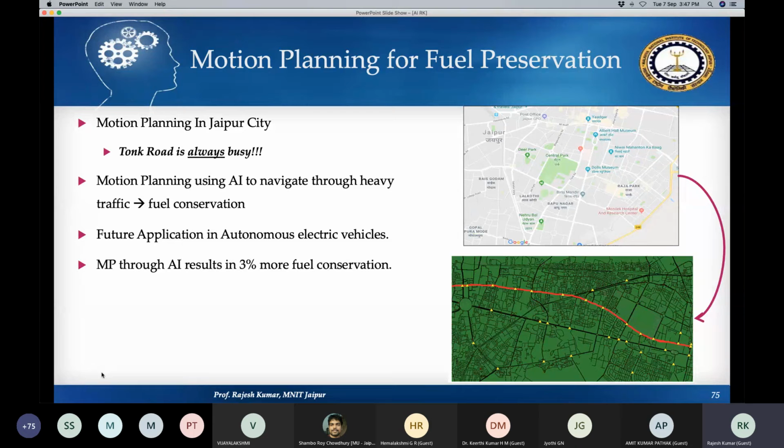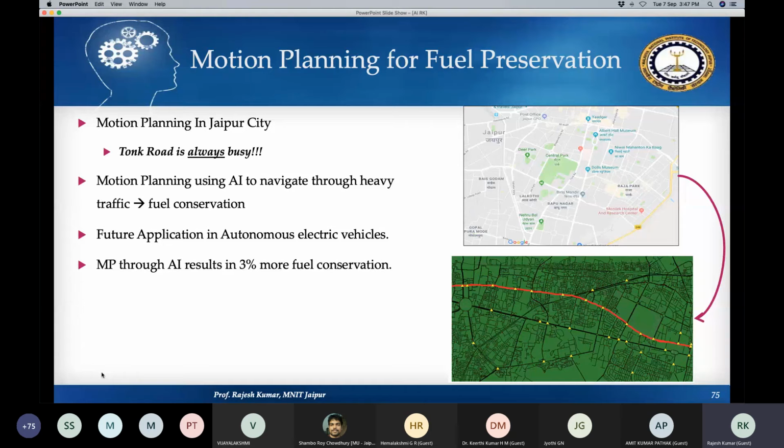Sometimes we are looking for a path from point A to B. This is good for Jaipur, because we did this since Jaipur is funded to be a smart city. So we have parallel movements, and sometimes you find that path A to B is the short path, but during the evening it is highly congested, whereas path B is a bit longer.